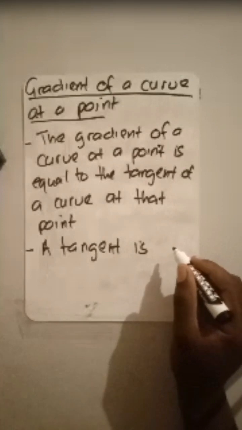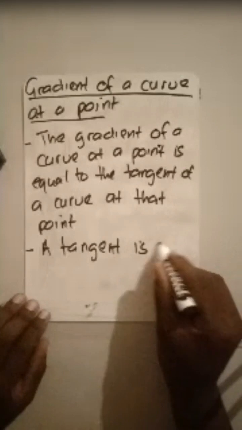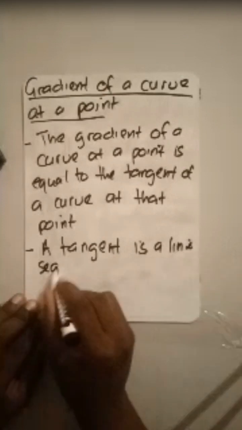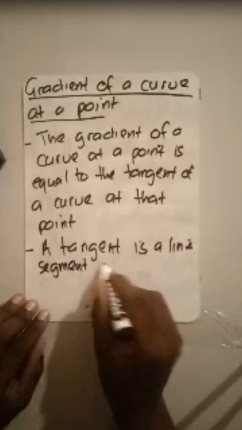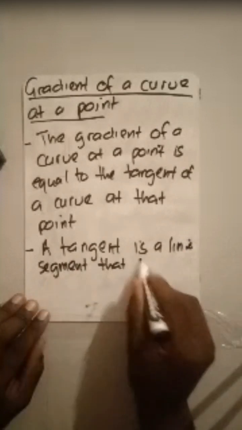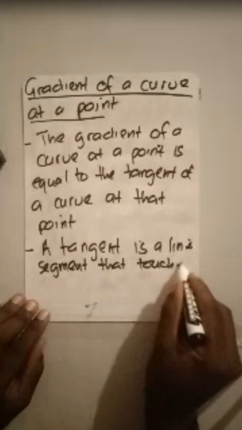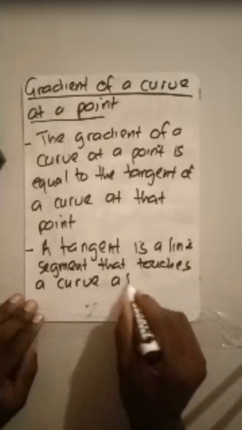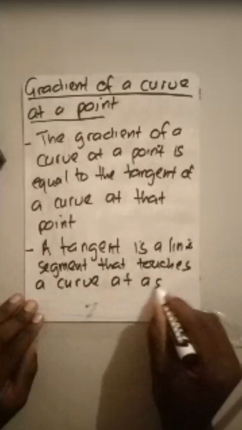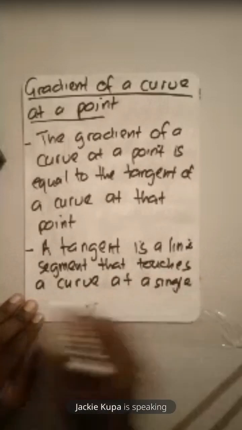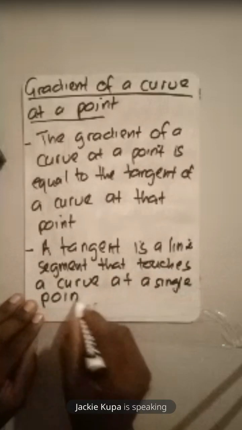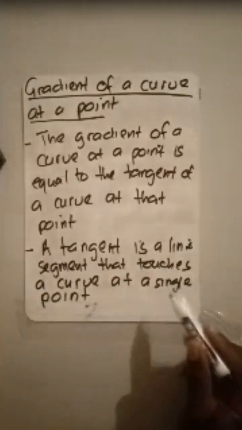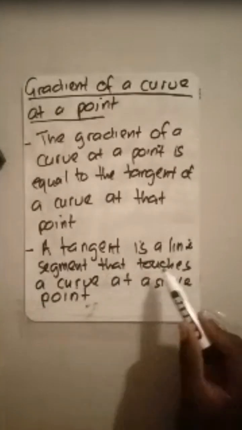Right. So a tangent is a line segment that touches a curve at a what?